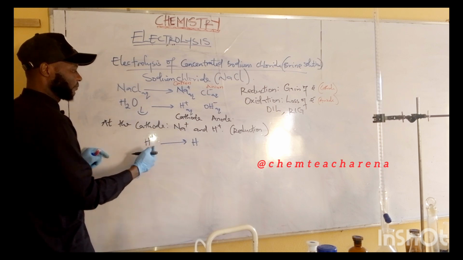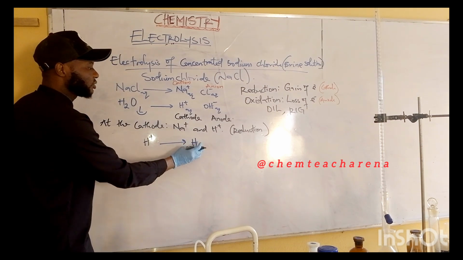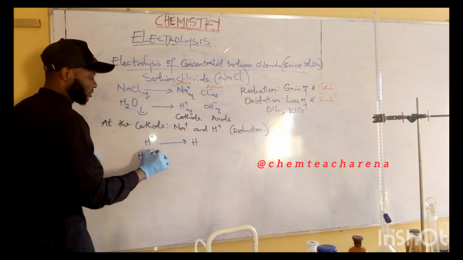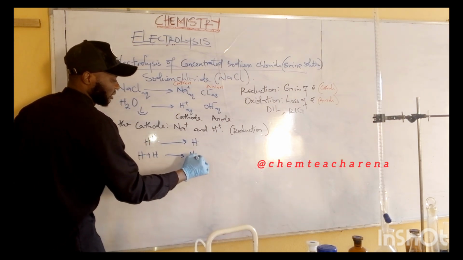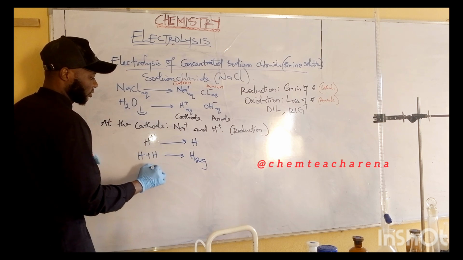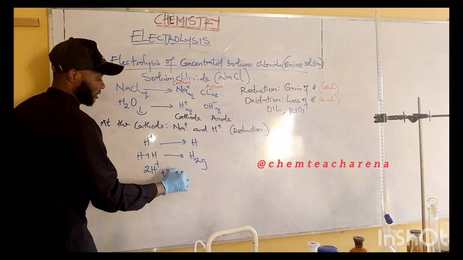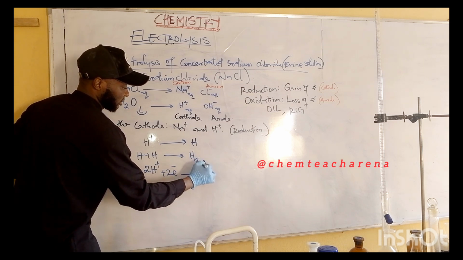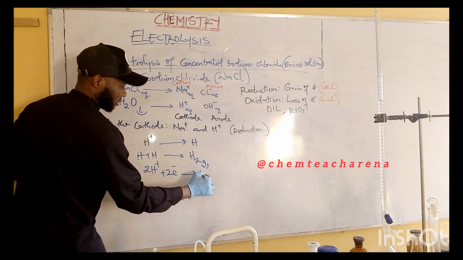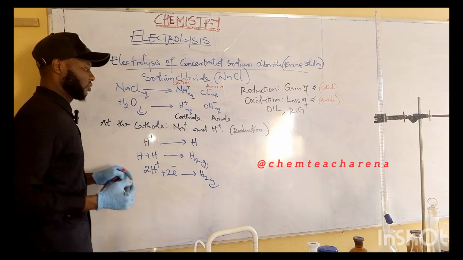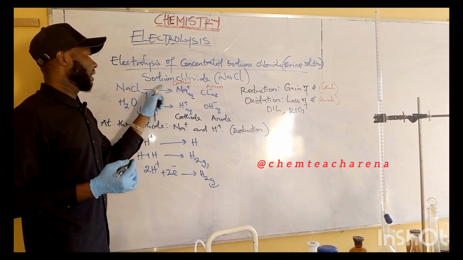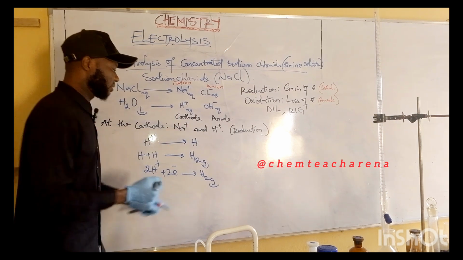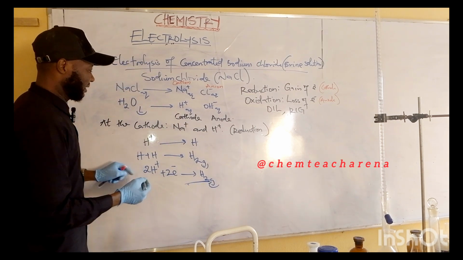Hydrogen ions combine in pairs inside the electrolyte to form hydrogen gas: 2H+ plus 2e- gives H2 gas. So the gas you saw at the cathode was actually hydrogen gas.